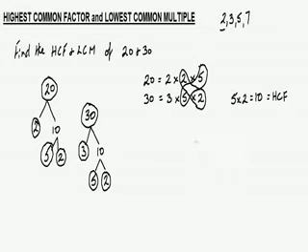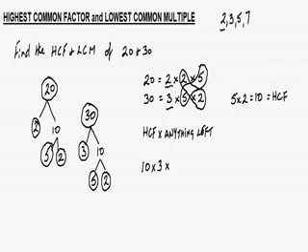Now the lowest common multiple is just the highest common factor multiplied by anything that's left. Okay, and I'll just show you. So our highest common factor is 10, so I can write down 10. Now I'm going to multiply that by anything that I've not ringed. So I've not ringed that 3, so I can put in the 3.